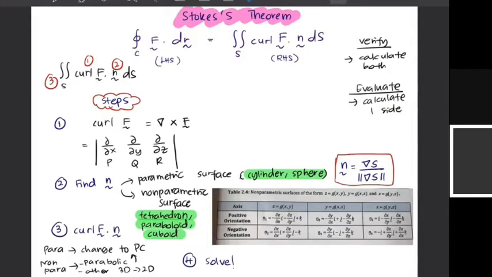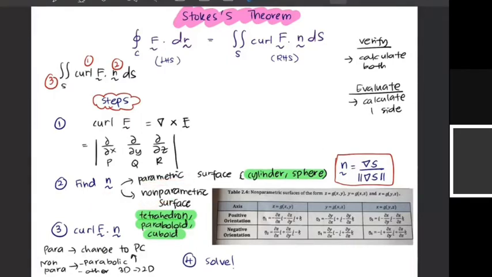To do the right hand side, the double integral of curl F, the first step is to find curl F. Then find n, the unit normal to the surface. So n depends on your type of surface. We have parametric surface and non-parametric surface.